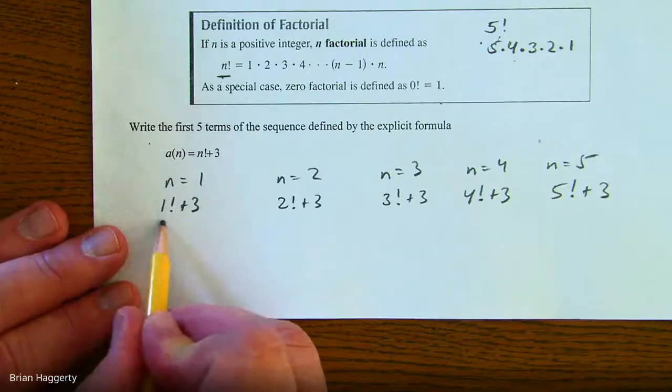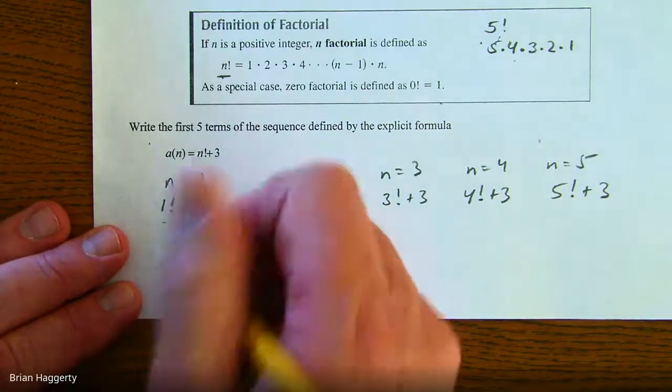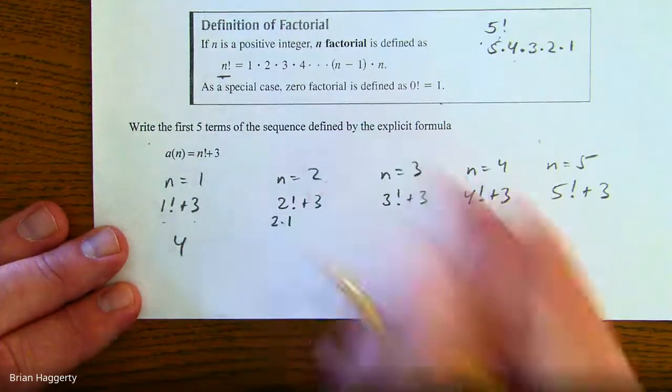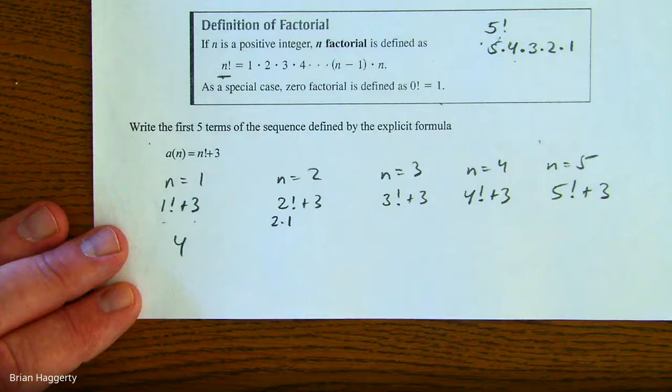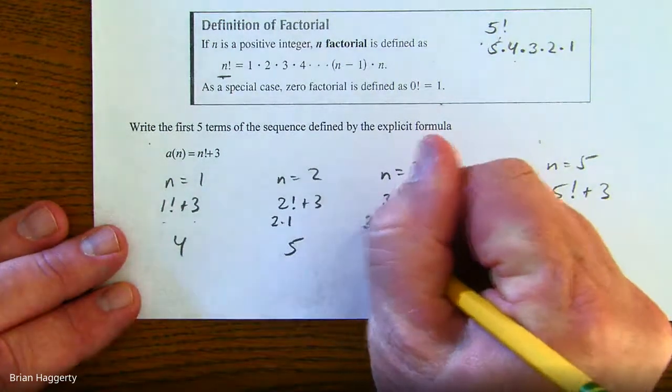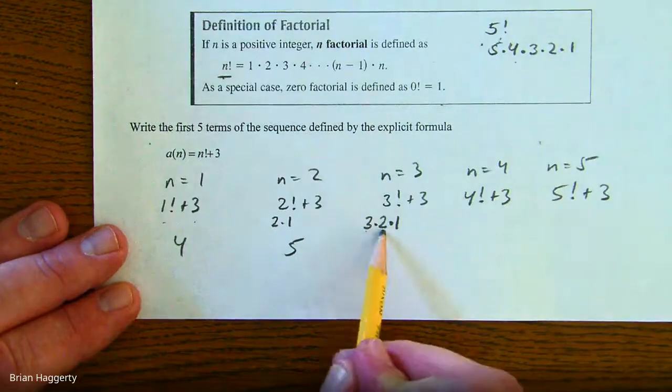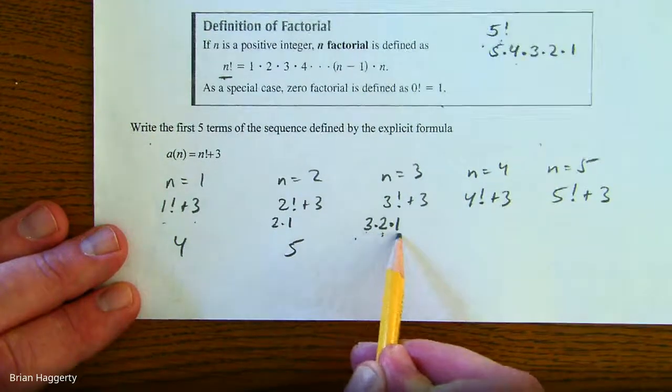So 1 factorial is just 1. 1 plus 3 is 4. 2 factorial means 2 times 1. That's 2. Plus 3. That's 5. 3 factorial is 3 times 2 times 1. 3 times 2 is 6. 6 times 1 is 6.